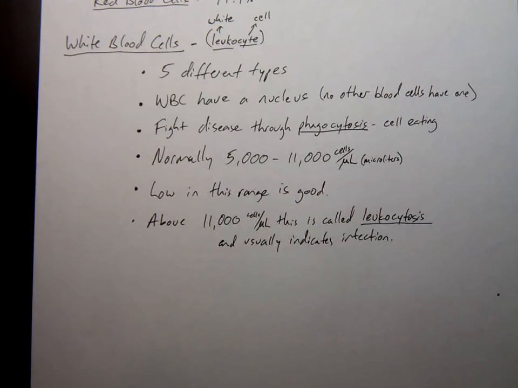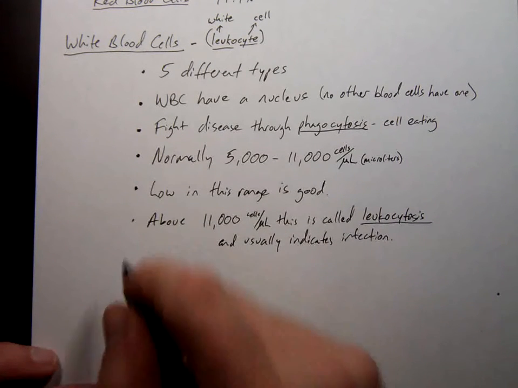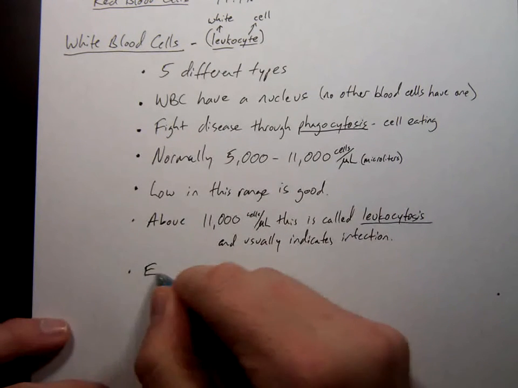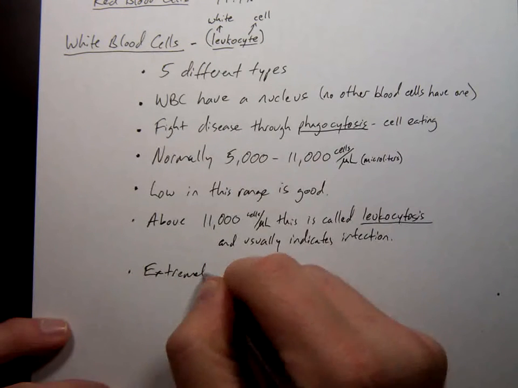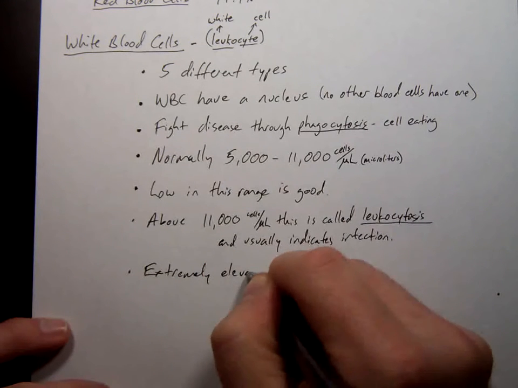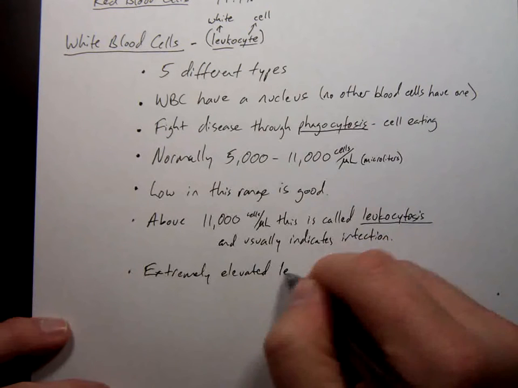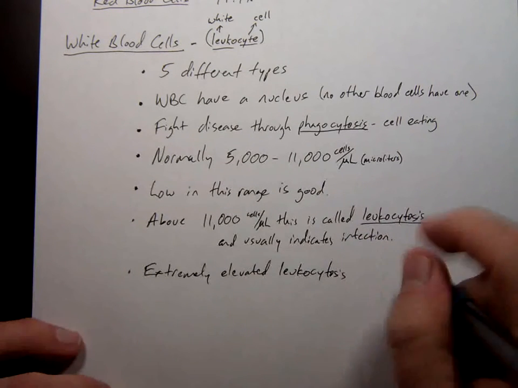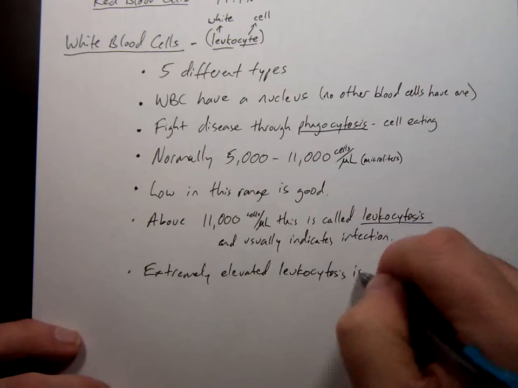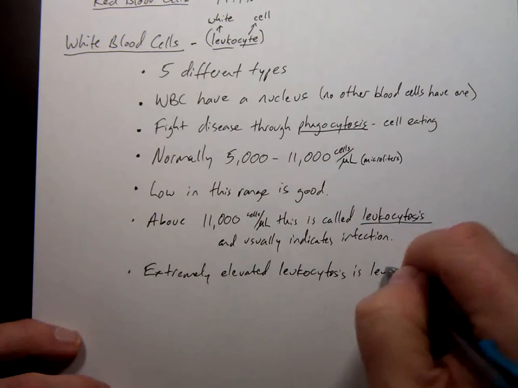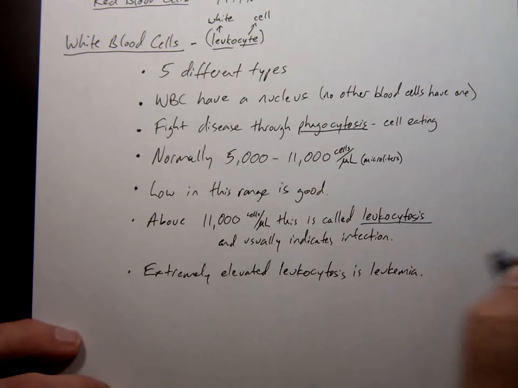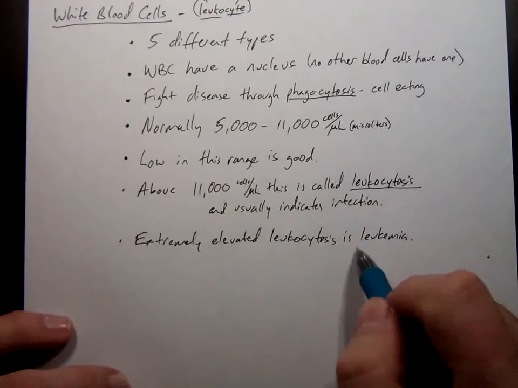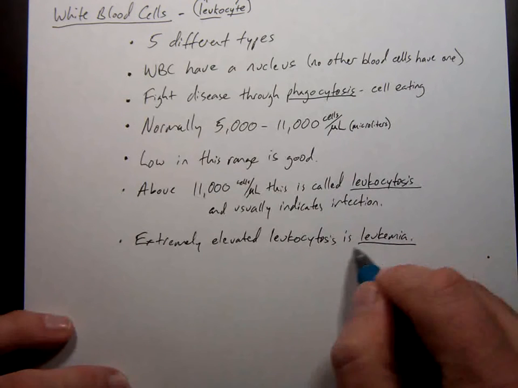If it's extremely elevated, leukocytosis is leukemia. Having too many cells that are not working correctly. Leukemia.